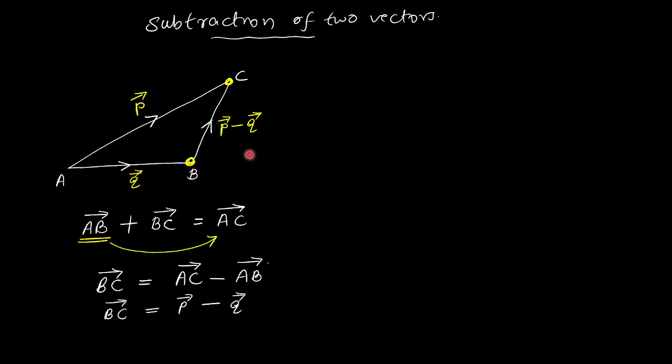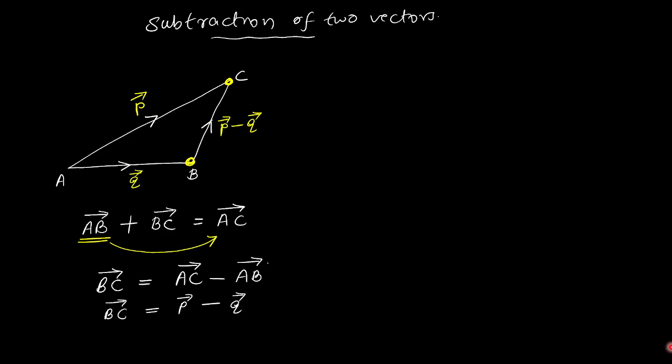Even if you don't remember this diagram, don't worry. Vector subtraction is defined in this way: if a vector is taken to the other side, it becomes minus. You understood how we define subtraction. That's all.